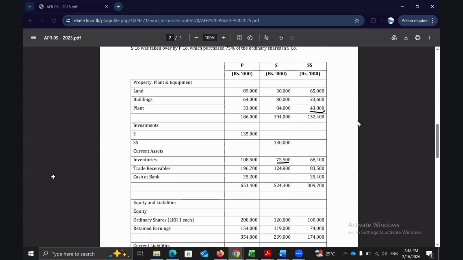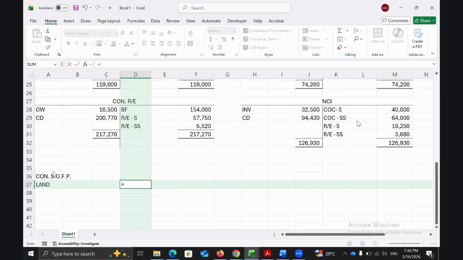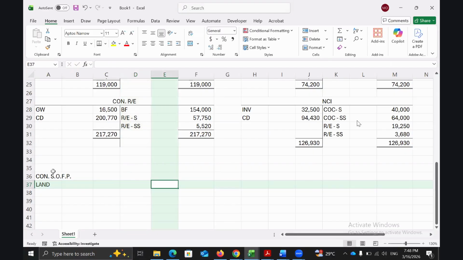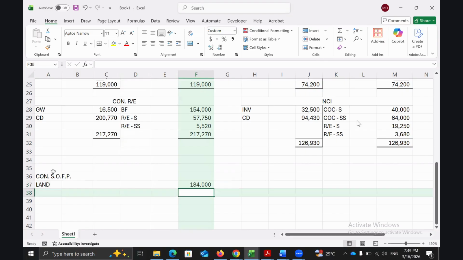Then we have the land. 89, 30, 65 without any adjustments. 89,000 plus 30 plus 65. Okay. 184 as the land balance.